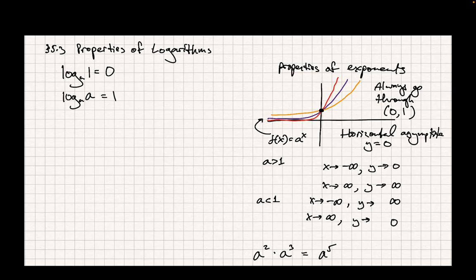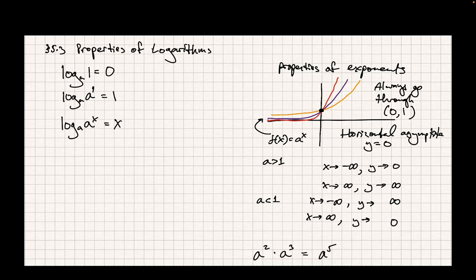We have other properties? Yeah. Log base a of a to the x equals x. This is really a special case of this, because this is a to the 1. This is true in general. So if I let x be 1, it's all the same. The top one's also a case of that because it's a to the 0 equals 1.